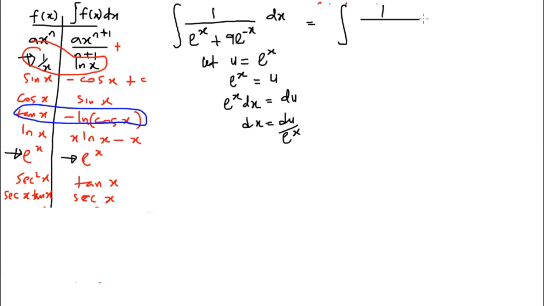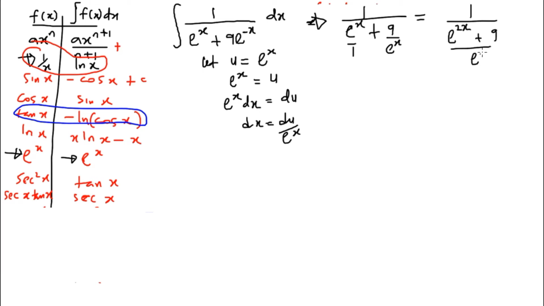Since e^x plus e^(-x) means e^x plus 1 over e^x, I can simplify it. If I find the LCM of the denominator, I will have (e^(2x) plus 9) over e^x.